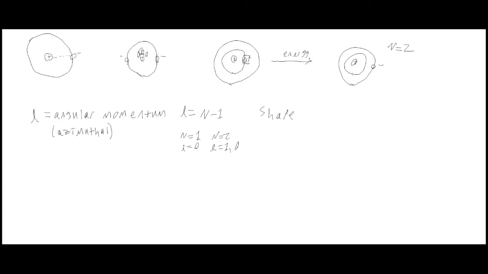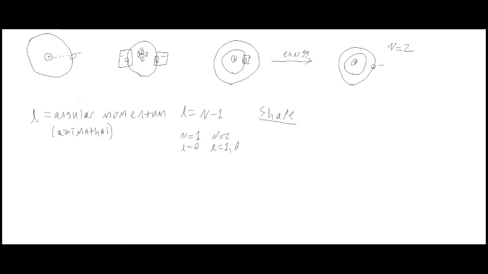So for instance, in this one, there are 2 orbitals in this energy level, and we'll get to why there can be 2 here. But anyway, these are called orbitals. These electrons are occupying orbitals. So this angular momentum number determines the shape of the orbital.